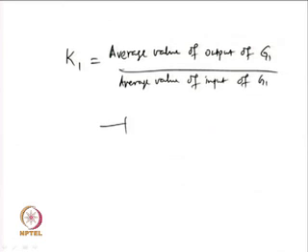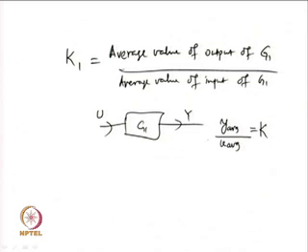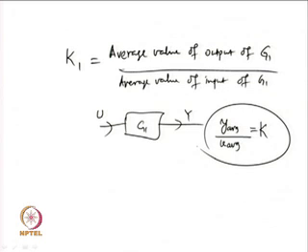So basically, I have a G 1 dynamic, suppose, and the input is u and the output is y. When I take the average, that means y average upon u average, with small letters now, because I am measuring the signal and finding the signal's average value, then u average will give you the steady state value or DC value, which gives you the steady state gain K. This is how the steady state or static gains associated with the transfer function models are estimated.